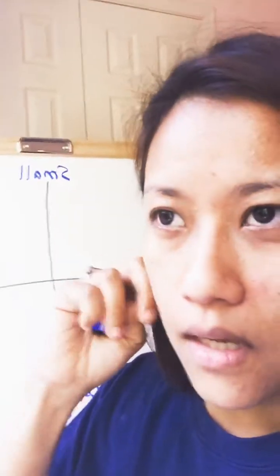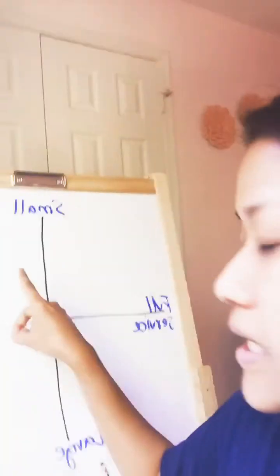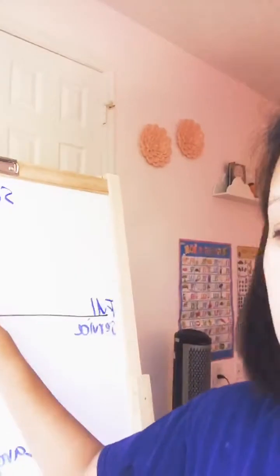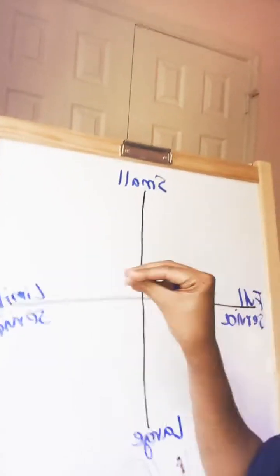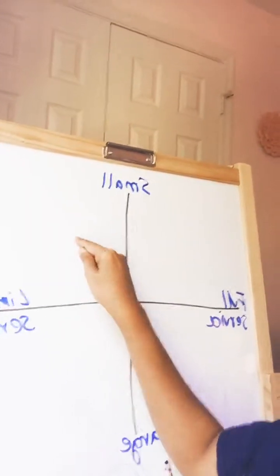Now I'm going to plot the companies that would fall into each grid. For example, I would have to study those companies and pick the company that is small and provides only limited service. Out of those six companies that I studied, let me use a different pen.